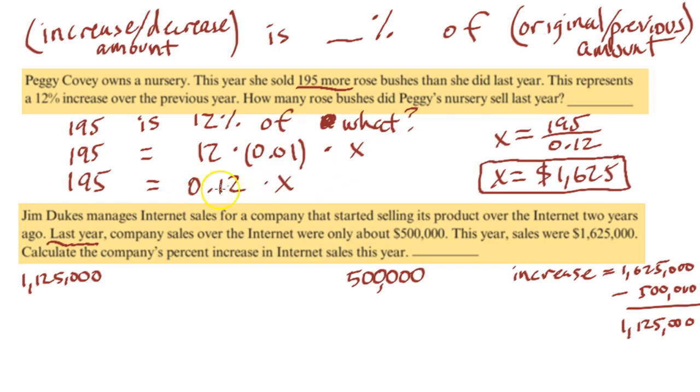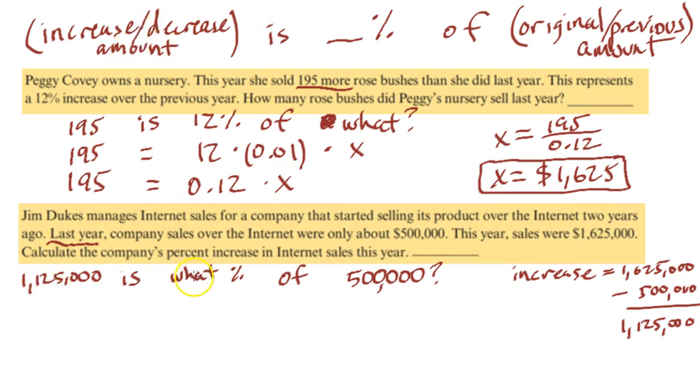And then we have is. So calculate the company's percent increase. So we want to find the percent increase. So we would say is what percent of $500,000. So I just filled in the blanks. I found the increased amount, put it right here.